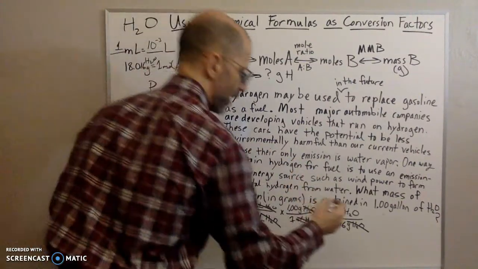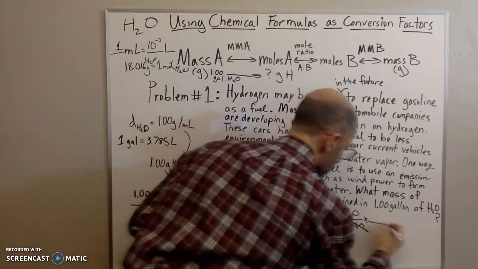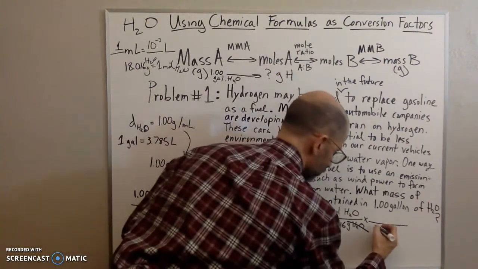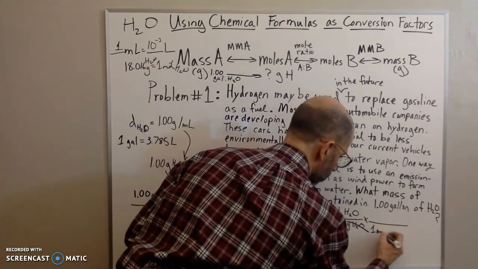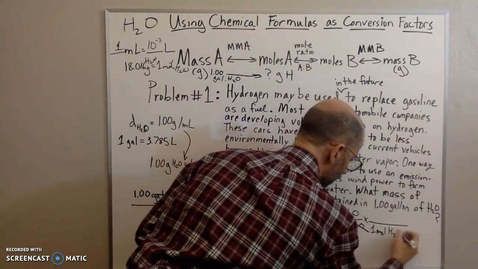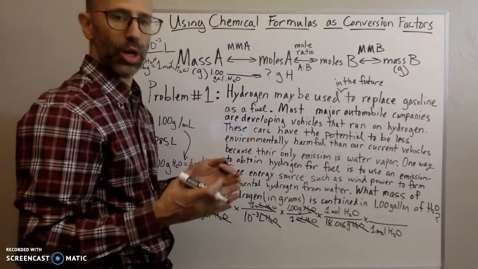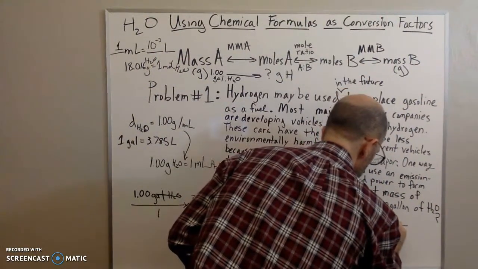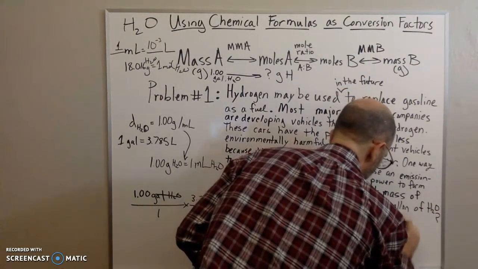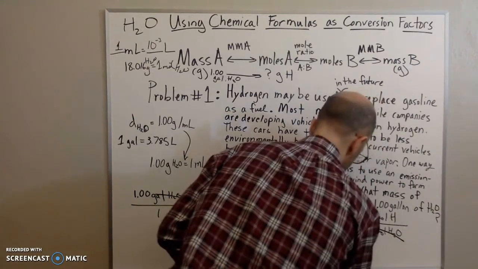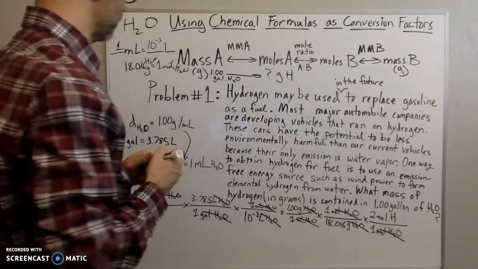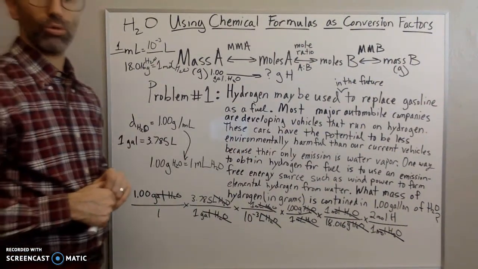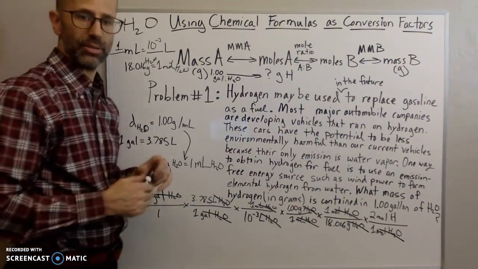So I can use that as a conversion factor. So here I have moles of water on top, so 1 mole of water on the bottom because the ratio is 1 to 2, and 2 moles of hydrogen atoms. Okay, so now I have moles of hydrogen.